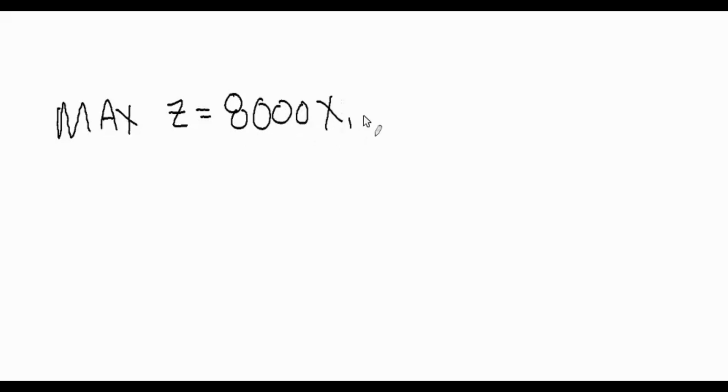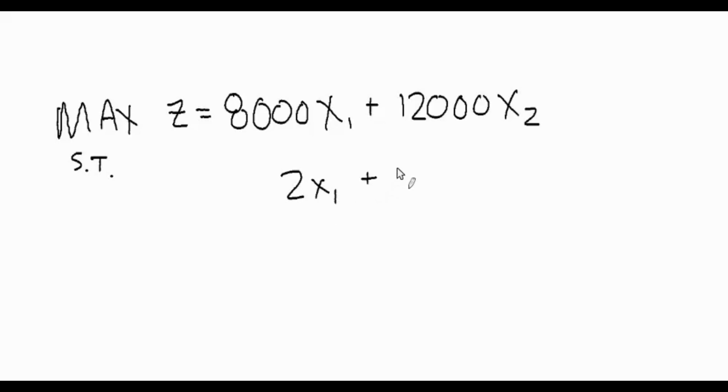Now let's put this together as one linear program. We start with the objective function, which is maximizing the annual margin for the hospital, which is 8,000 x1 plus 12,000 x2, such that, and now we have our bed constraint, 2x1 plus 4x2 is less than or equal to 2190.